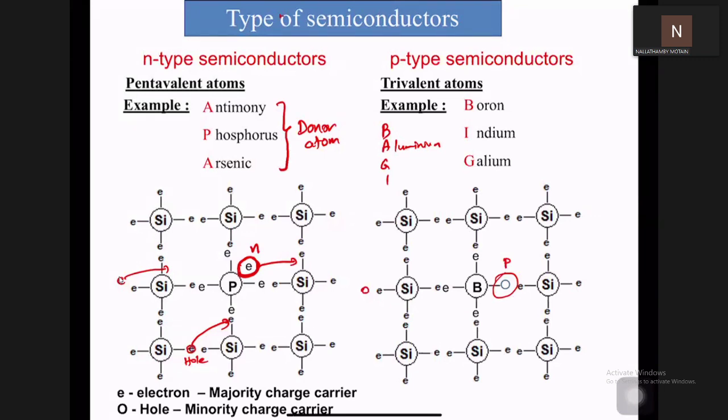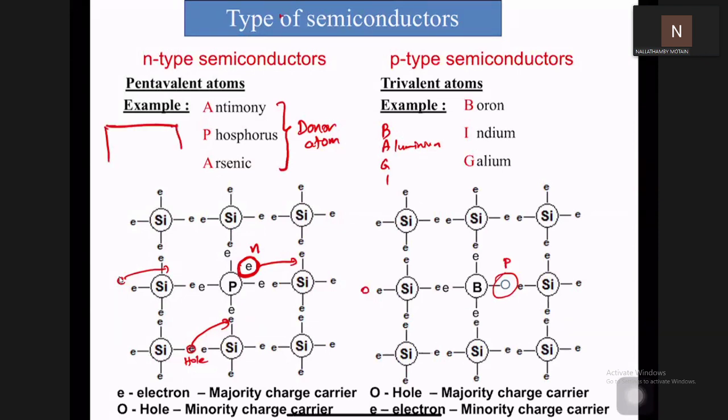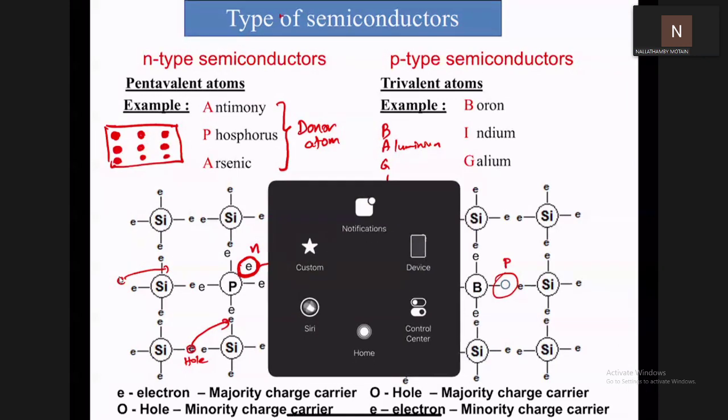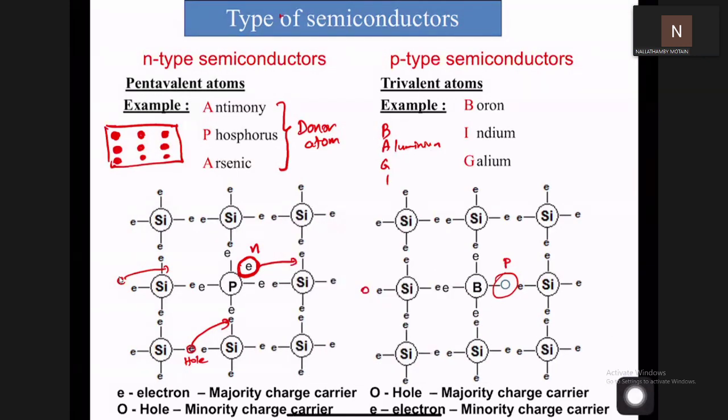So the holes become the majority charge carrier. We know the majority enough already. The other one will be the minority, and the electrons will be the minority charge carrier. So for P-type, it produces holes. Later you will see I will use this symbol to represent electron, and this is an N-type semiconductor.